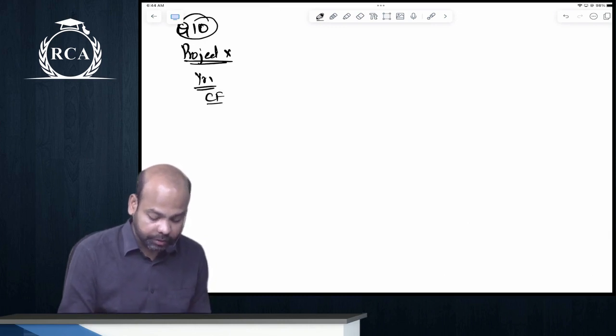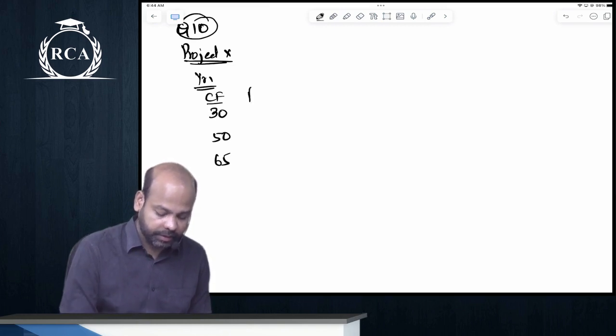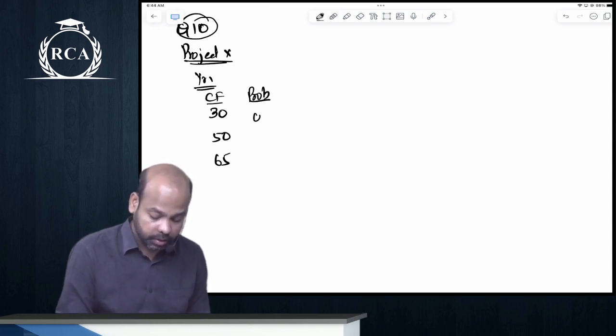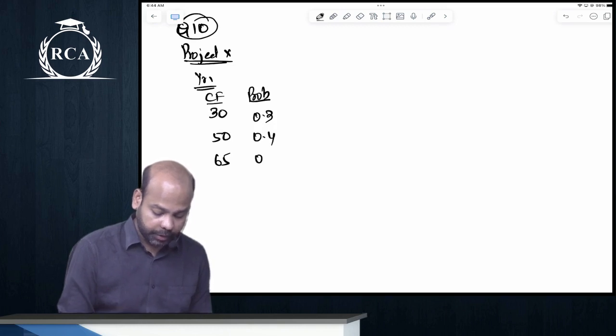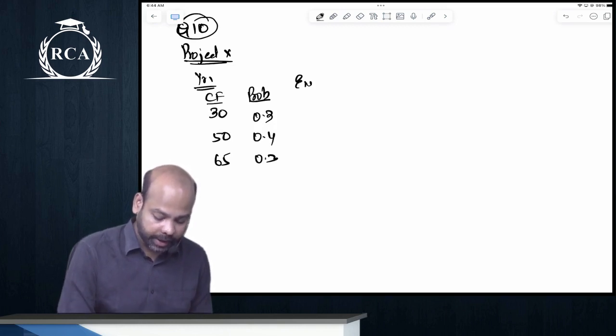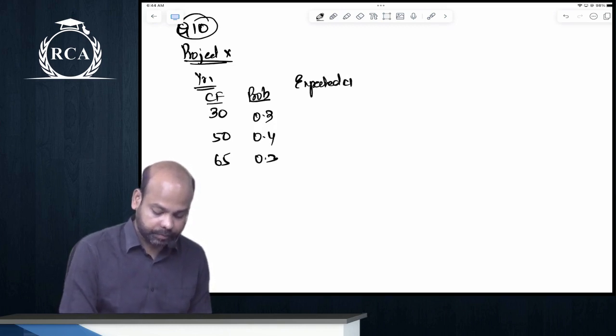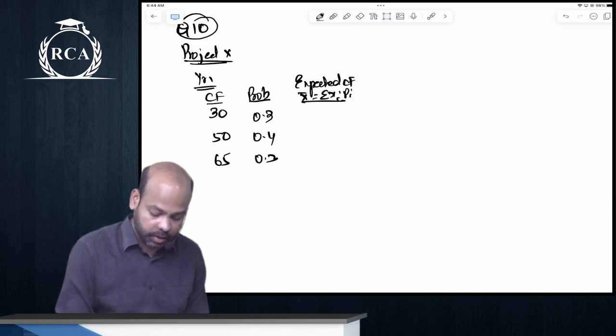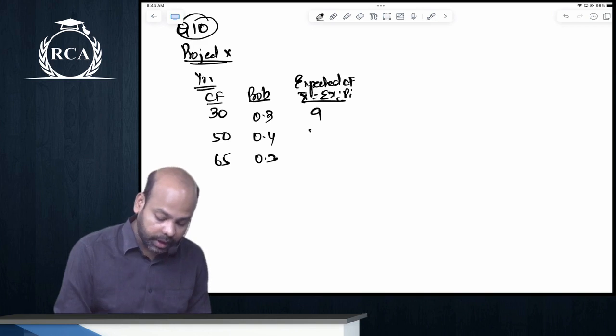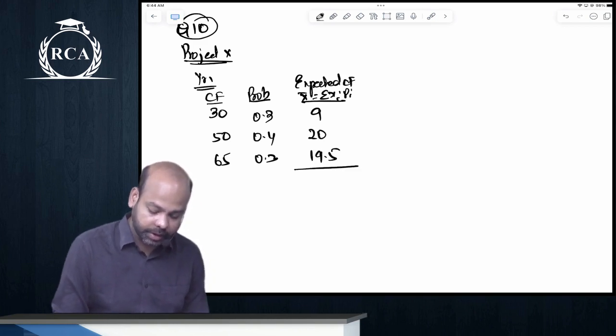Year 1, beta, cash flow can be 30 lakhs, 50 lakhs and 65 lakhs. Probability 0.3, 0.4, 0.3. How will I compute expected cash flow? X bar, beta, will be summation xi pi. So 30 into 0.3 is 9, 50 into 0.4 is 20, 65 into 0.3 is 19.5, guys. 29 and 19.5, 48.5.